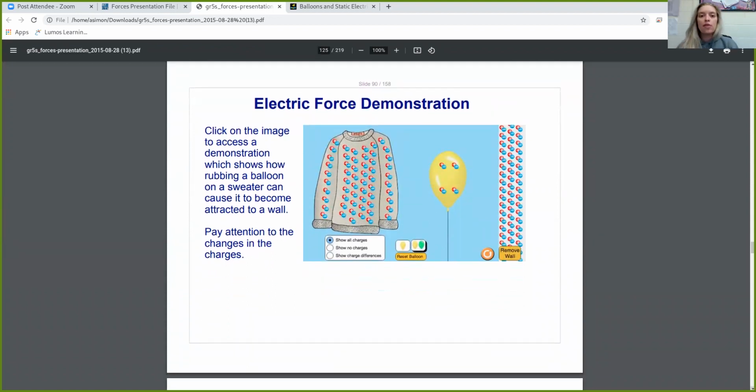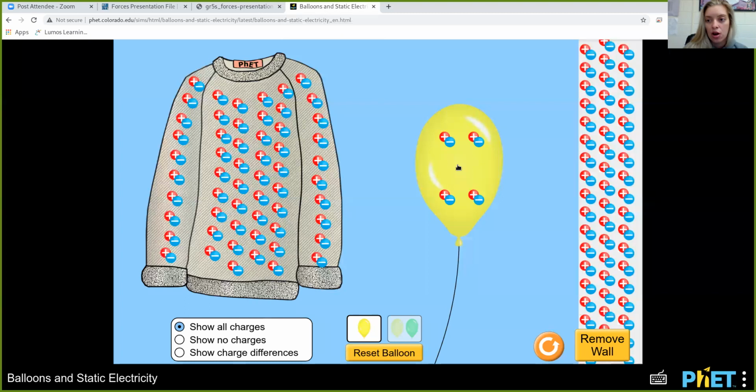With this website, guys, which I'm going to include on the assignment for today, we're able to really see how the charges are transferred from the balloon to the sweater. When the balloon rubs against the sweater, it grabs the negative charges and then is able to stick to the wall. So let's look at an example. I have my balloon in the center here.